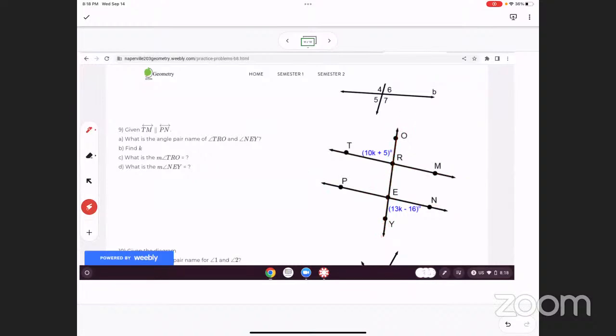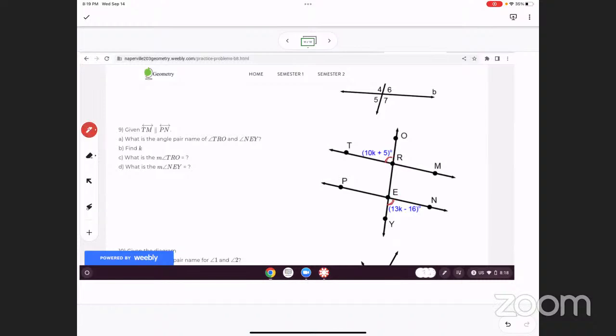Starts with a T. Transversal, because it transverses it. It goes between them. So that's your transversal. And what's the relationship between these two angles right here? Are those the same or are those supplementary? They have to be either the same or supplementary. What would they be? They're the same.